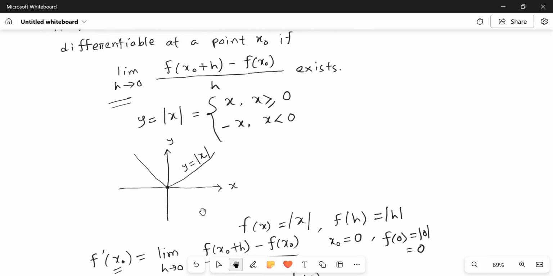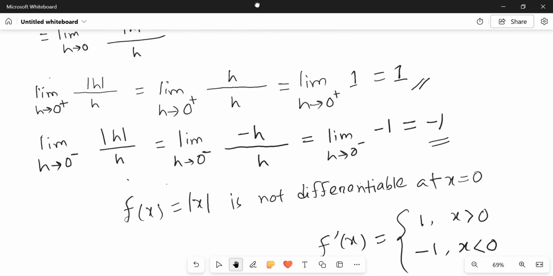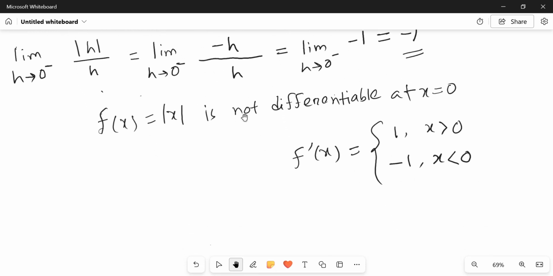We can see that this is our function f of x, and this is equal to x, and minus x when x is less than 0. If we differentiate it with respect to x, we get 1 when x is greater than 0 and minus 1 when x is less than 0, and at x equal to 0 the function is not differentiable.